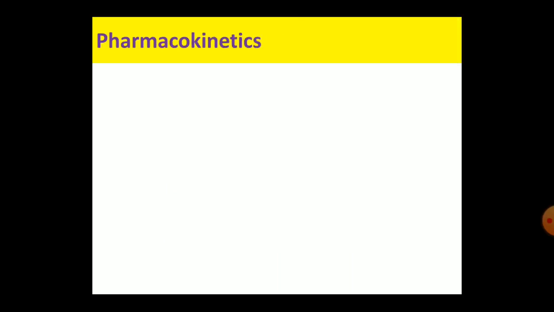Next is pharmacokinetics. Here again, if you look at this word carefully, it is made up of two terms, pharmaco and kinetics. Kinetics, you all know, means movement. So can we say that pharmacokinetics is the movement of the drug? Yes, but to refine it, pharmacokinetics is the movement of the drug inside the body and alteration of the drug throughout the body during these movements.